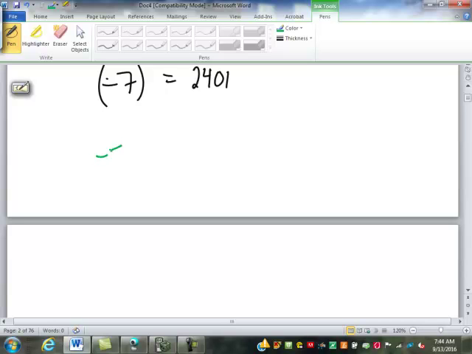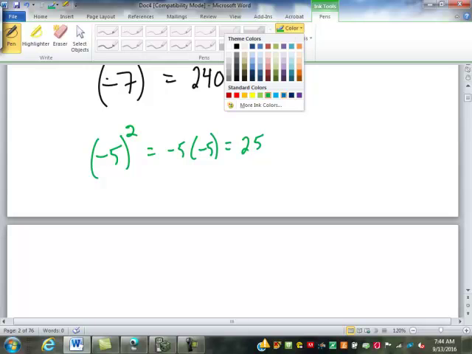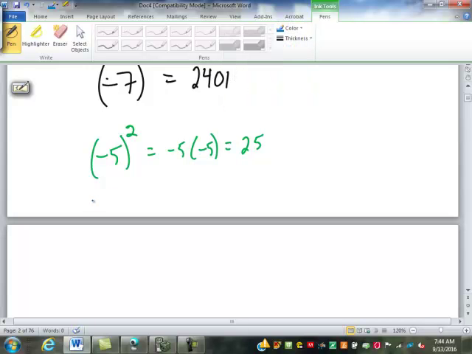So how about negative 5 squared? Well, if we think about it, that's just negative 5 times negative 5, right? So that has to be positive 25. Negative times negative is a positive, and 5 times 5 is 25. Negative 8 squared.